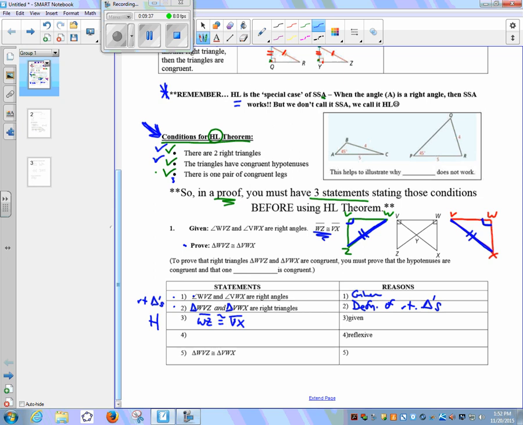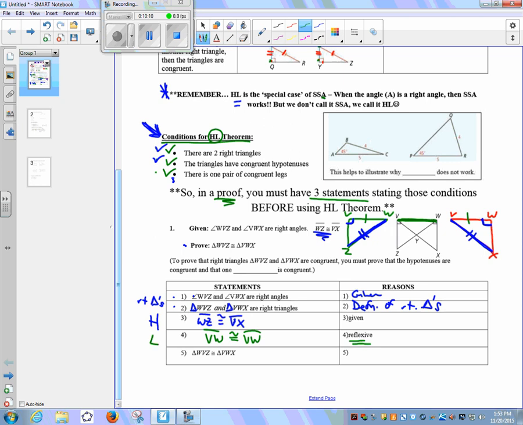So if you look at this diagram, since they were overlapping to begin with, they actually share side VW. So VW is part of this triangle, and VW is also part of this triangle. So since VW is congruent to VW, we use the reflexive property.